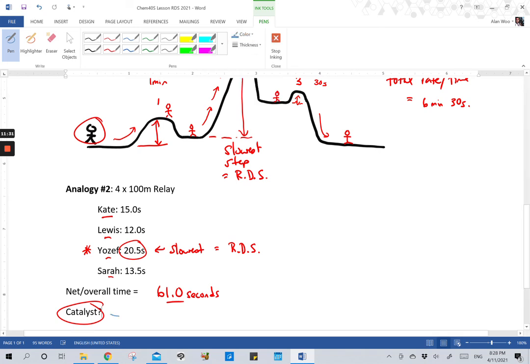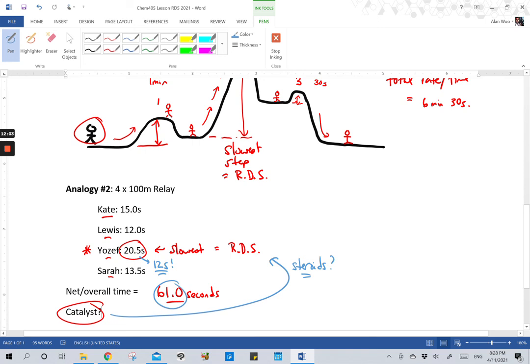So in this case, if I want to add a catalyst to help Joseph run better, he might be given some steroids, illegal substances, something that will speed him up. And if it works, if he can get his time down from 20 down to like, who knows, maybe 12 seconds, that would affect the overall rate significantly.